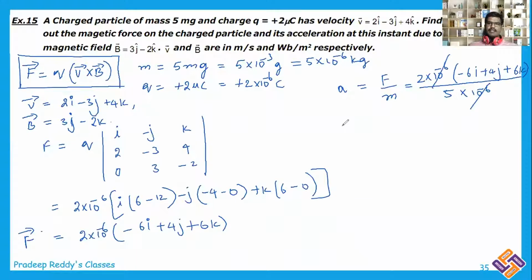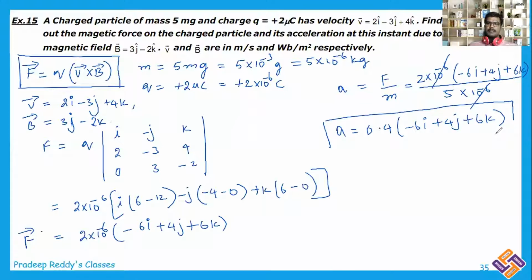This gives you the acceleration, which is 2 by 5, that is 0.4, into minus 6I plus 4J plus 6K. This is the net acceleration of the charged particle. If you want to find the magnitude, you can write it as under root x square plus y square plus z square. That gives you the magnitude of the vector.